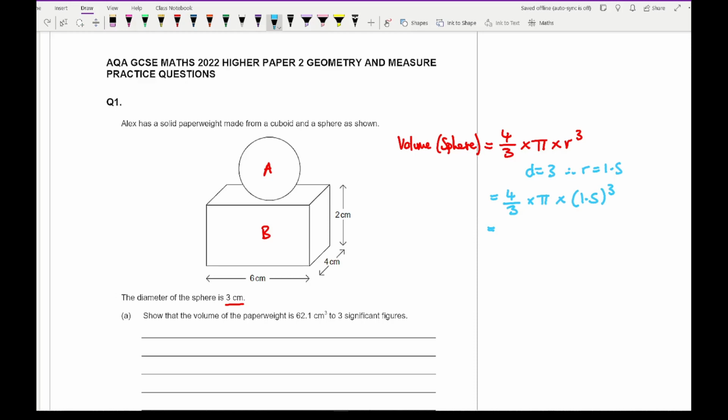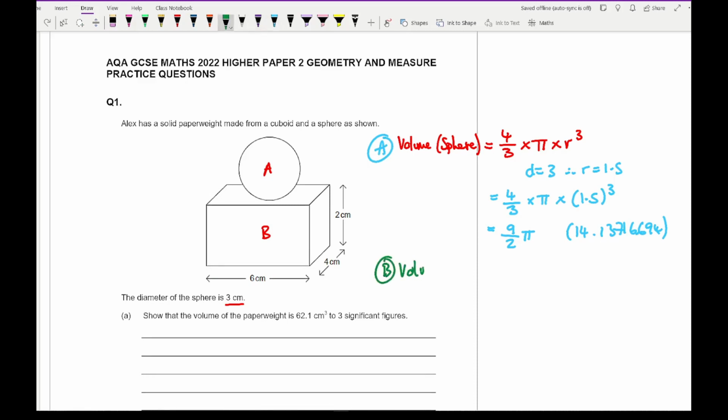And what we get for the volume is 9 over 2 pi. Now I'm going to leave my answer like that in due course, but if you wanted to write it as a decimal, it would be 14.137166694.